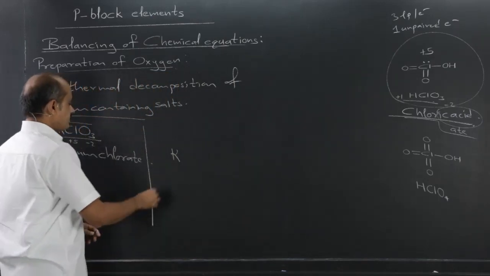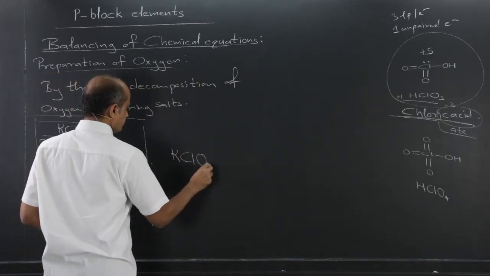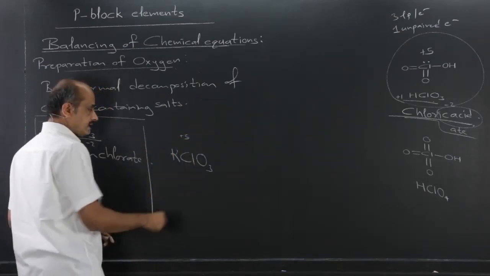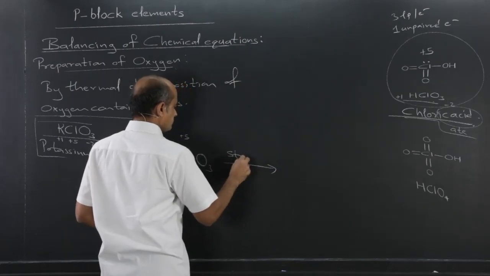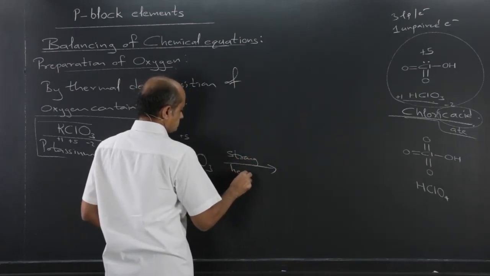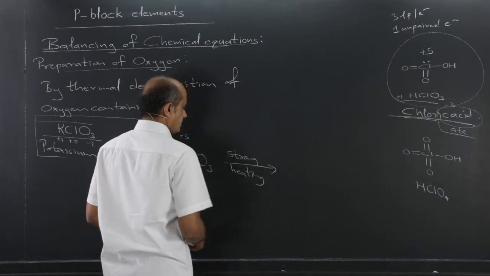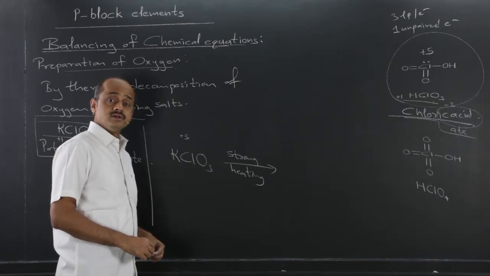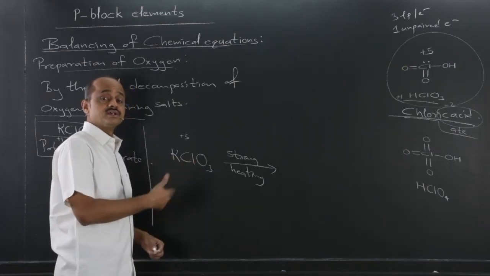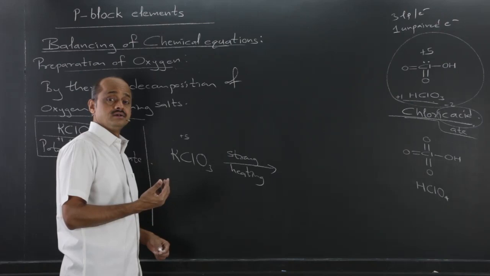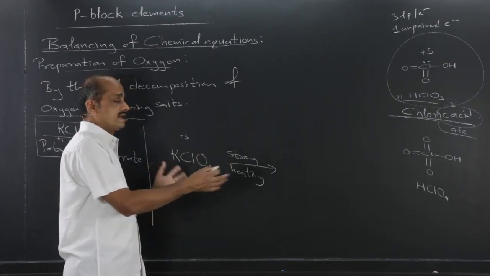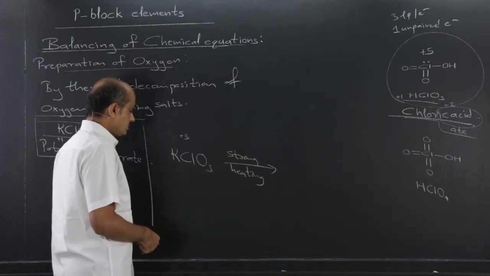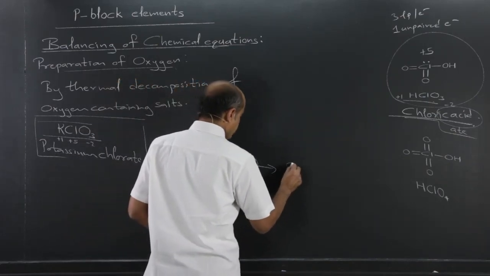So, this is potassium chlorate, KClO3, oxidation number of chlorine is +5, and strong heating. If this much memory is used, that chlorate, potassium chlorate on thermal decomposition, we get oxygen, then the balancing and byproducts, that writing should not be difficult actually. Gives oxygen.